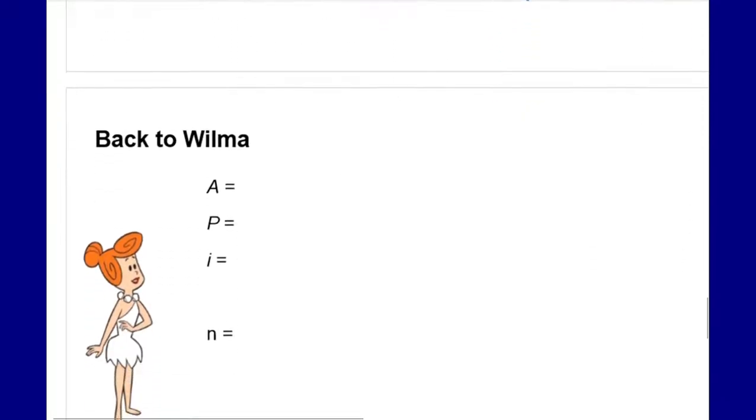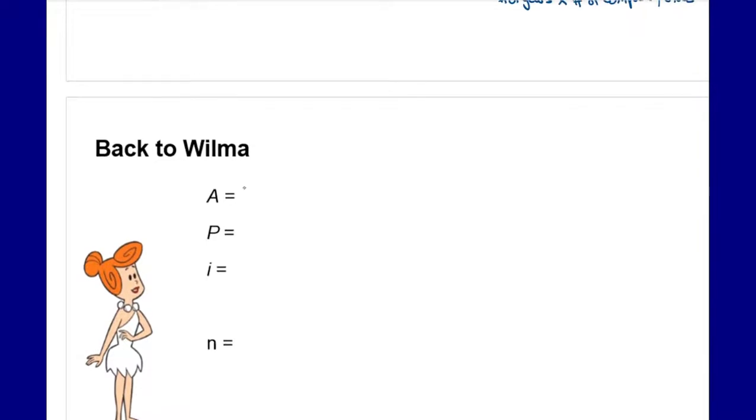So let's go back to Wilma, right? The future amount, that A value, we don't know. The principal, she started with 800. So we're just going back to that original question that we did with the table. The I value was 12%. We need to turn that to a decimal, and we need to divide that by the number of compounding periods.